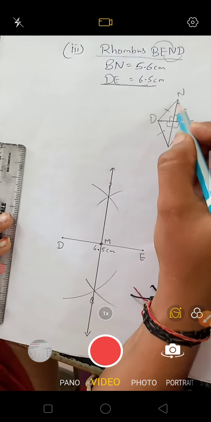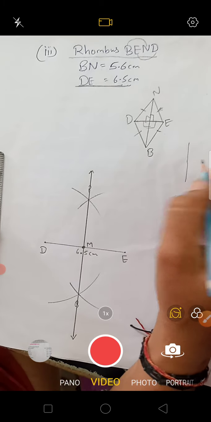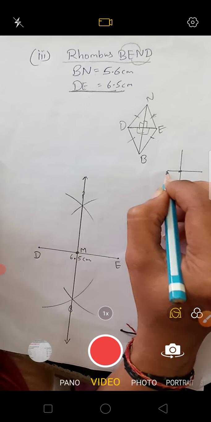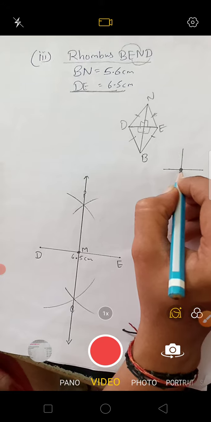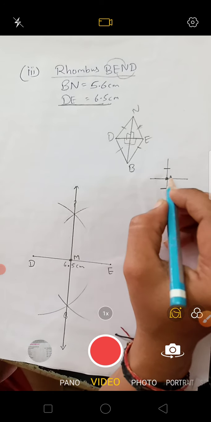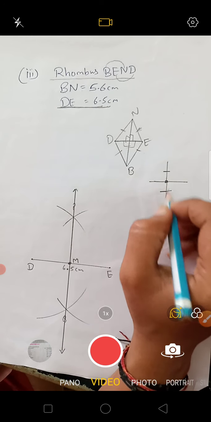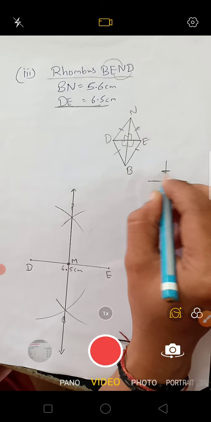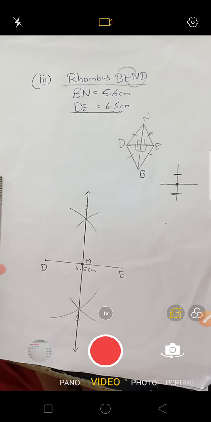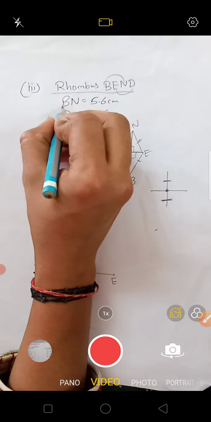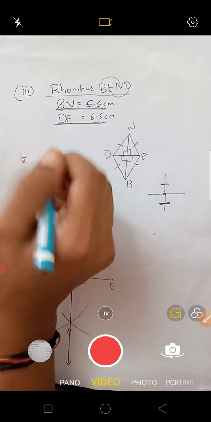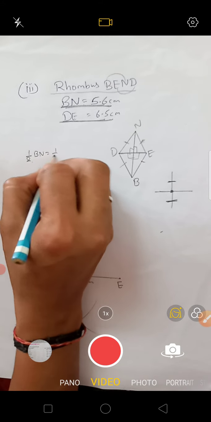Now we want to plot the other diagonal, and we know that when one diagonal bisects the other at its middle point, the distances of the diagonal on both sides of the middle point are equal, equally divided. And also we know that the perpendicular bisector equally divides the diagonal. So here we take M as a center, and then we find half of the distance of our other diagonal BN, half into 5.6.